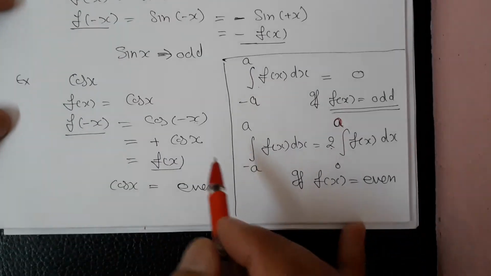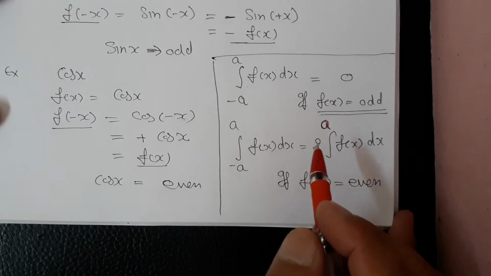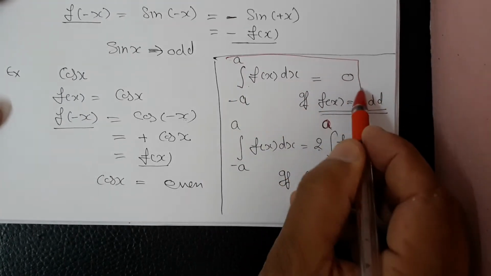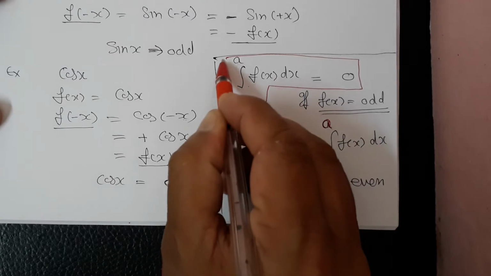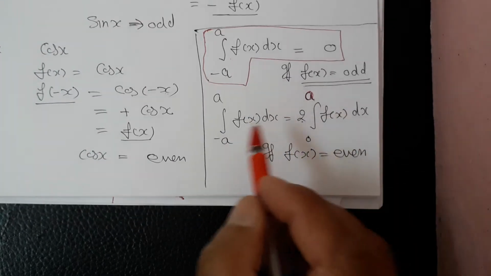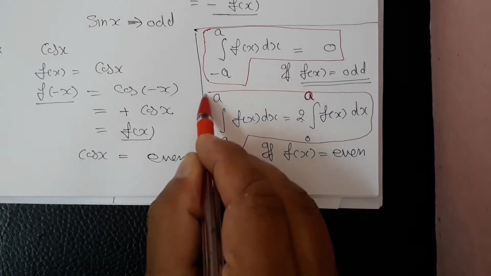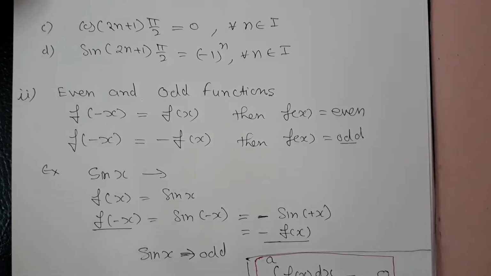When we identify that the function is odd, then the value of this integral will be taken as 0, and the value of this integral will be taken as 2 times this if the function is even.